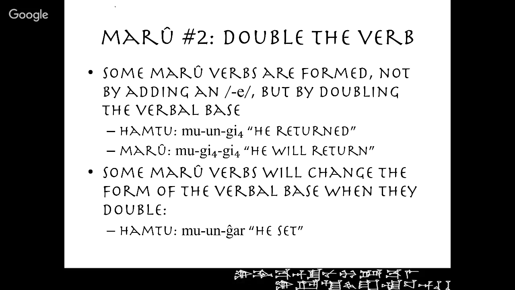But when that verbal base reduplicates or doubles in the Marû stem, it changes from nyar to nyatu, as we saw in one of the earlier slides. So mu nyatu nyatu, they drop the R off of nyar and reduplicate nyatu. That is specifically a Marû verbal base.